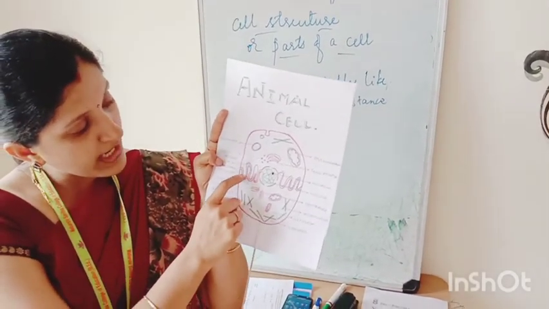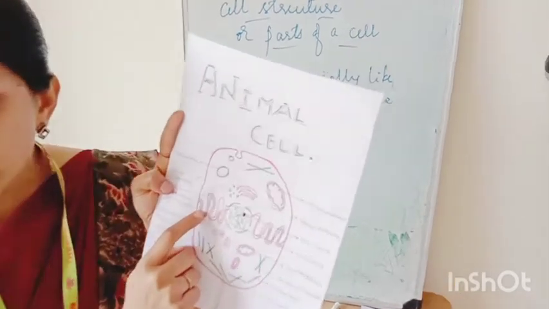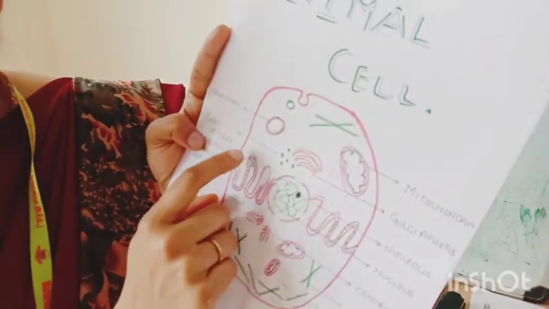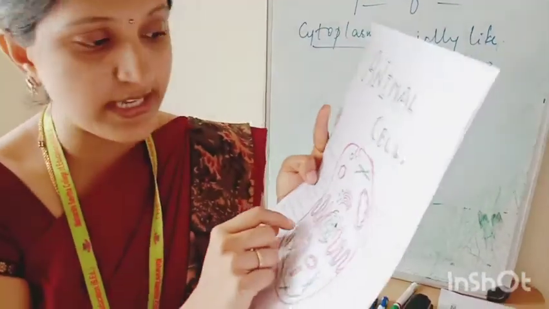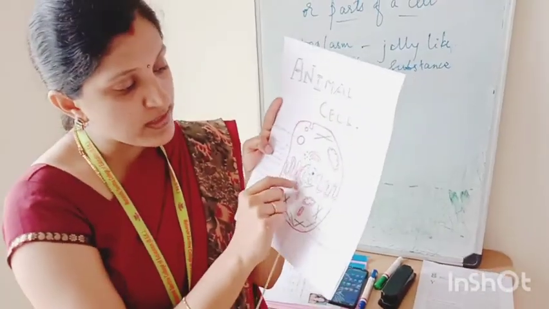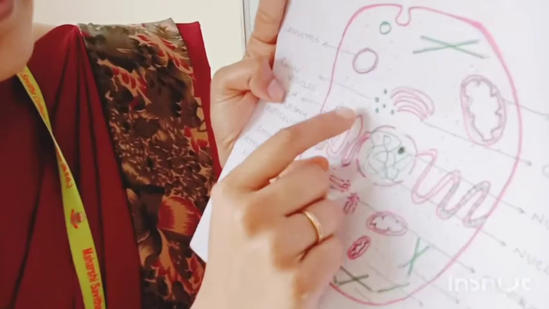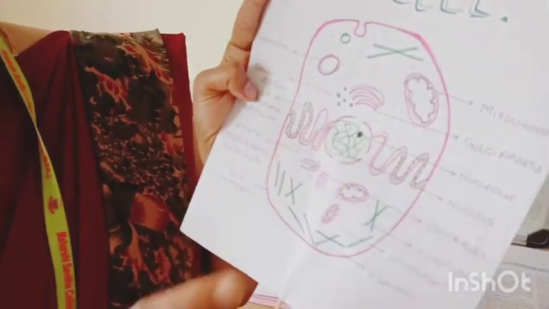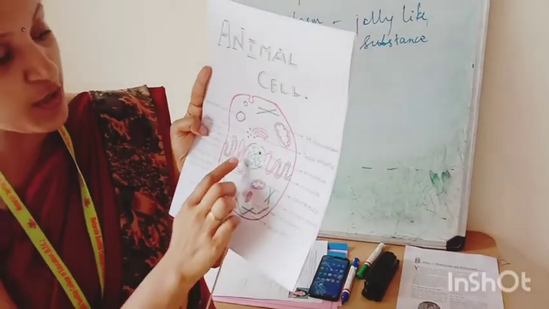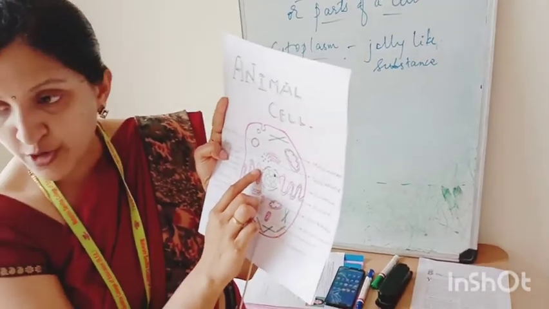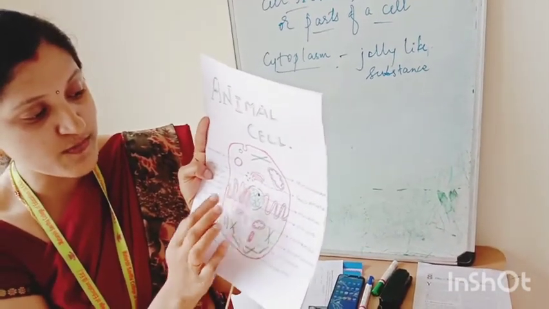Here we can see the circles, right? Those circles are nothing but ribosomes present on the surface. This is the endoplasmic reticulum which is smooth, because there are no ribosomes present.